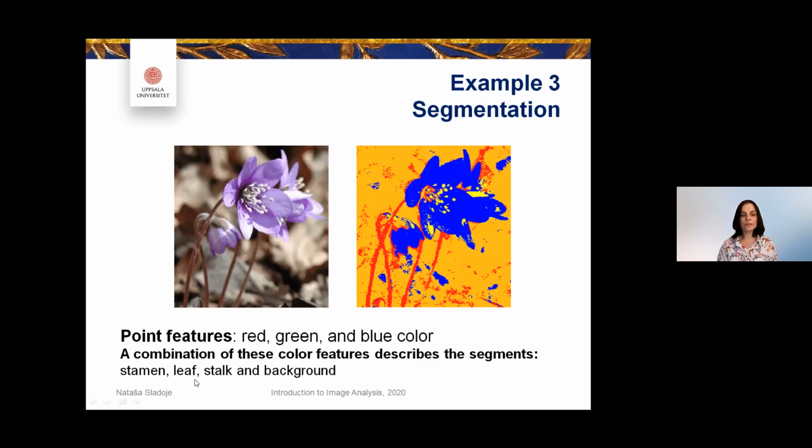So stamen, leaf, stalk, and background is what you can identify here. Again, the color content was the crucial feature based on which this task could be solved.